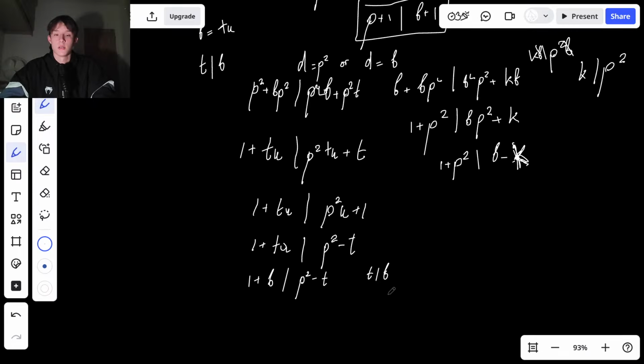And as we see, p squared is much less than b, or this thing like here wouldn't be true. So 1 plus b divides p squared minus t, if this is positive, we know that b is greater than p squared, unless it's like p squared q.